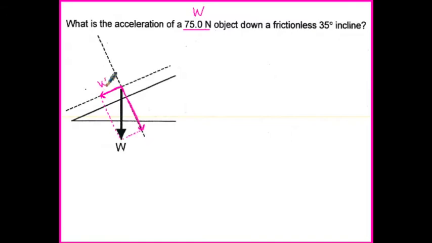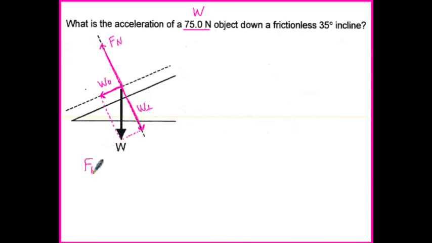So I've got weight parallel to the plane and weight perpendicular to the plane. So these two pink ones instead of the black one. I didn't even draw the box this time. I'm just drawing all the forces on the box. So I've got the supporting force of the ramp, which is the normal force. And it says it's frictionless. There is no friction. So that's it for forces.